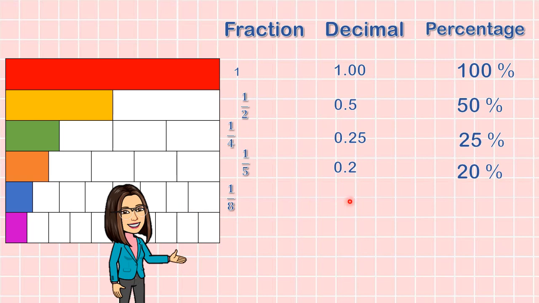In decimal form, that is 125 thousandths. In percentage, that is 12.5%. And last, we have 10 equal parts with one shaded part, that is 1/10. In decimal, that is 0.1. And in percentage, that is 10%.